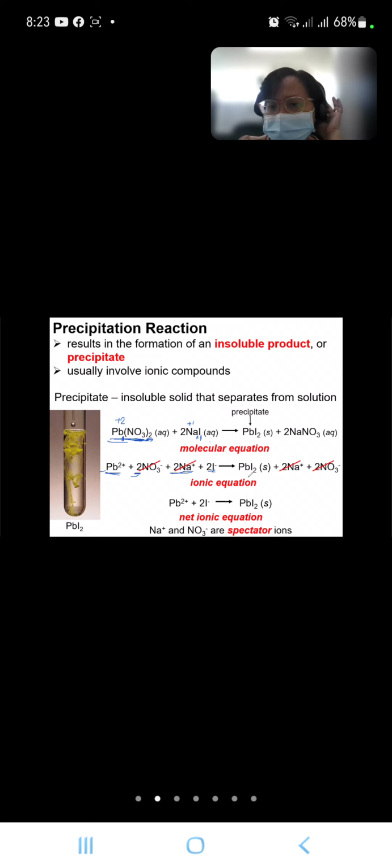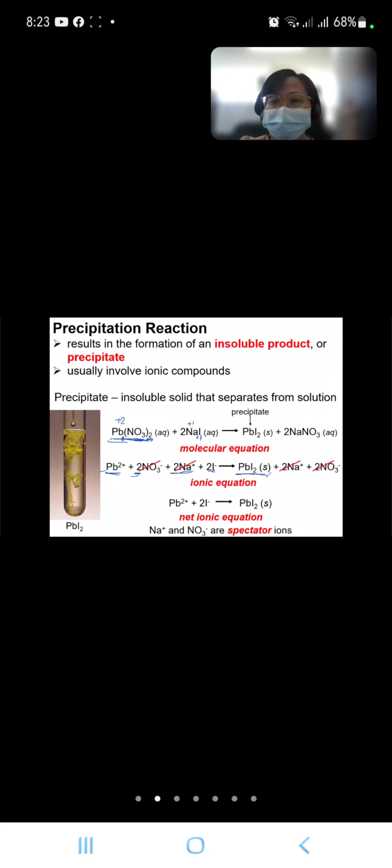So, since our lead 2 iodide is solid, so it cannot be dissociated into ions. So let us just write lead 2 iodide as it is. Okay, solid man siya. So we will write lead 2 iodide. Okay, there is no dissociation of lead 2 iodide.